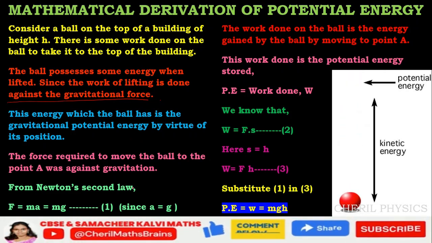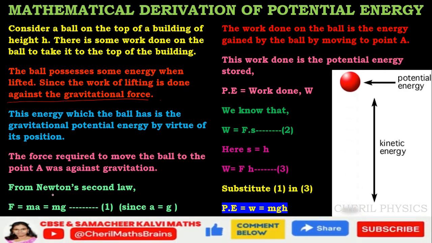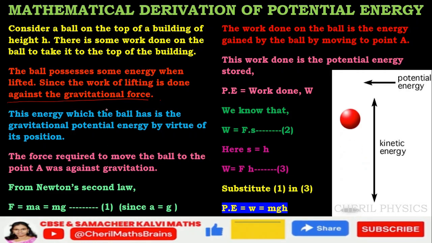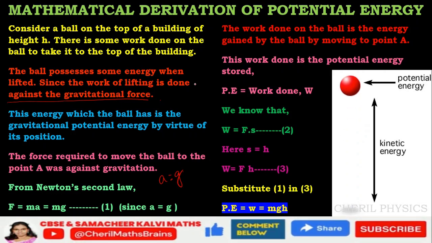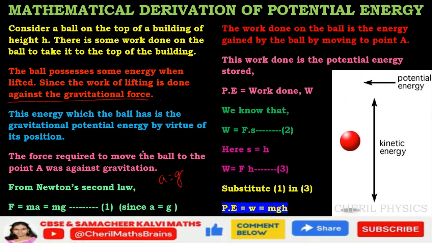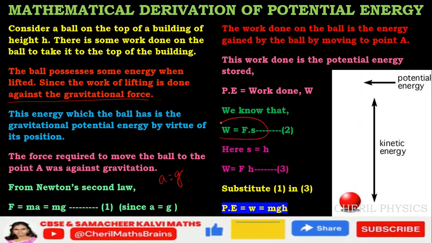Now again we are going to do the same thing similar to the kinetic energy derivation. We are going to consider Newton's second law. So F is equal to what? M into A. But here, since we are using the gravitational force, instead of A we are going to replace it by g. So F is equal to m into g. Now we see that W is equal to F into s.